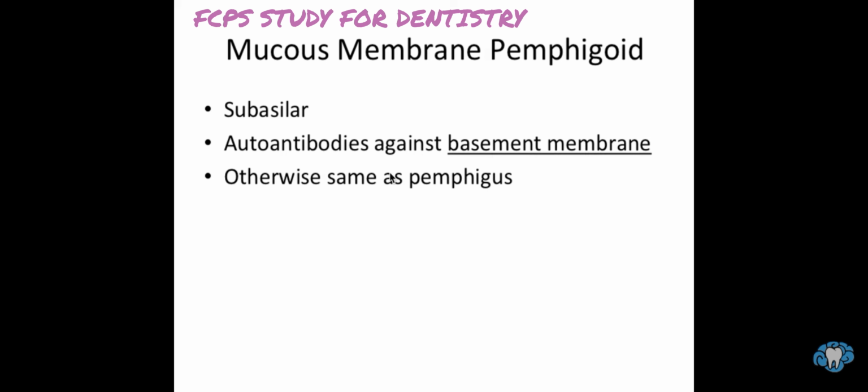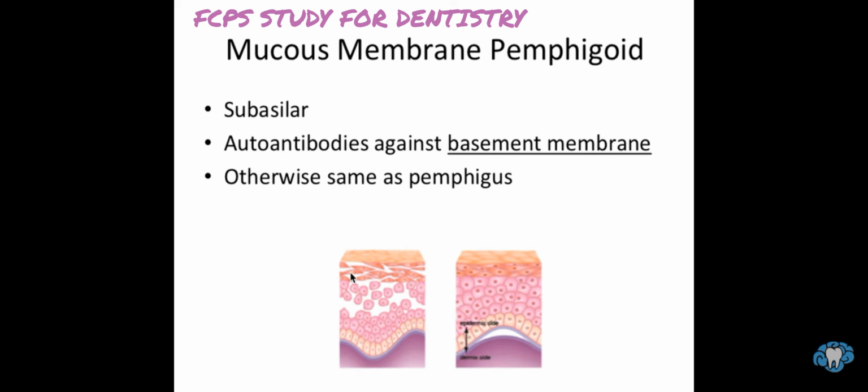So let's take a look at this picture here. We have pemphigus on the left, and you can see that where that mucosal layer is lifting off is because all these autoantibodies are attacking the desmosomes that attach the epithelium together. And then in pemphigoid, those autoantibodies are attacking the basement membrane. So it's lifting off from the dermis, or if you're thinking of the mucosa, the epithelial layer again is detaching, but this time a little bit deeper.